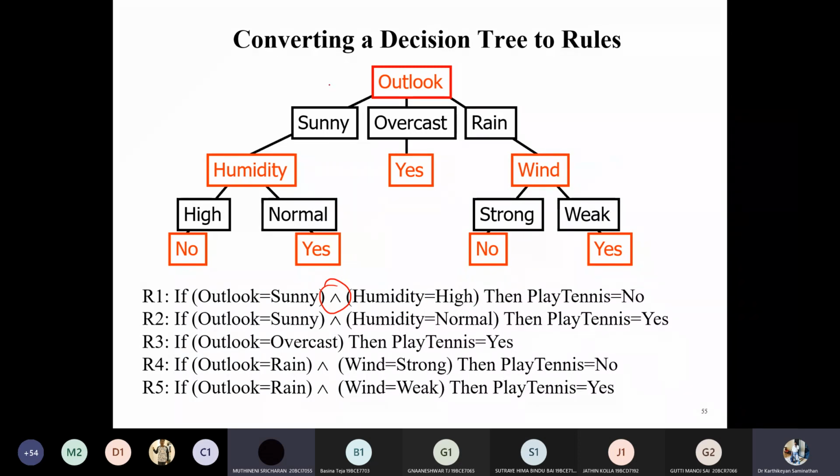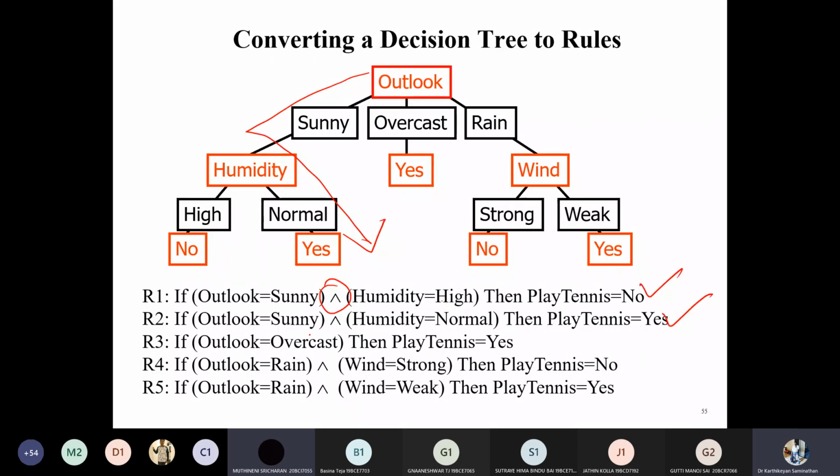Outlook is Sunny, humidity outcome is normal or high. This is not high, it should be normal. If it is high, you cannot play tennis. Suppose outlook is Sunny and humidity is normal, then you can play tennis. That is yes. So this is how you can make the rules.